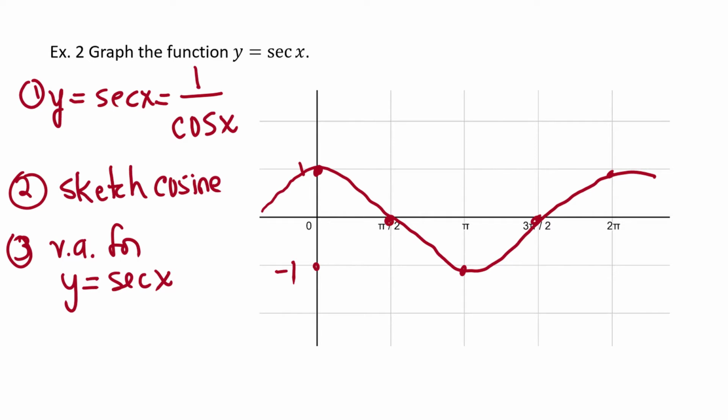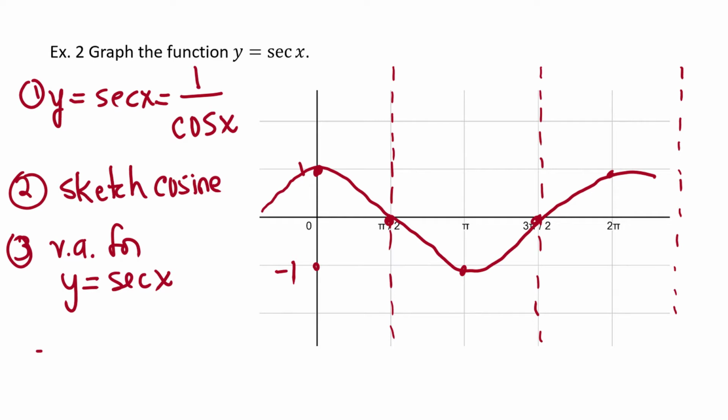The first one I'll draw will be to the right of 0, and it's a vertical line through pi over 2. Go over a pi unit, and then we'll draw a vertical line through 3 pi over 2, and get the idea that this is a periodic function, and so it repeats every that many units.